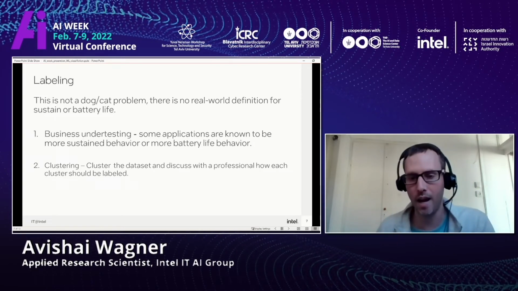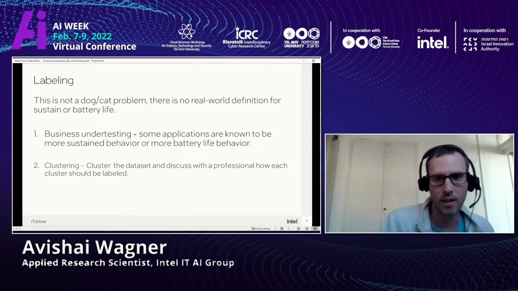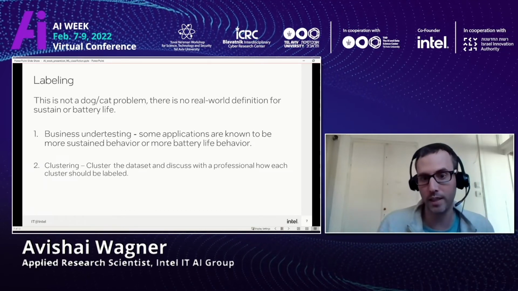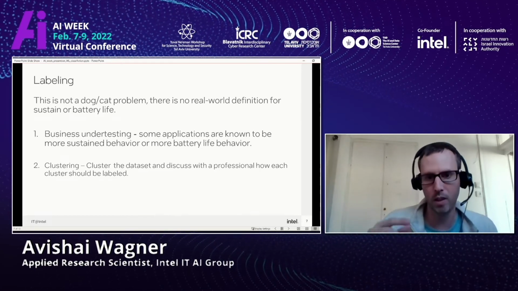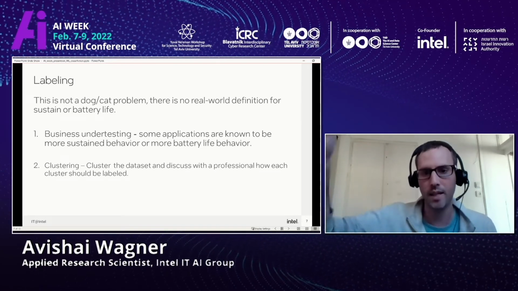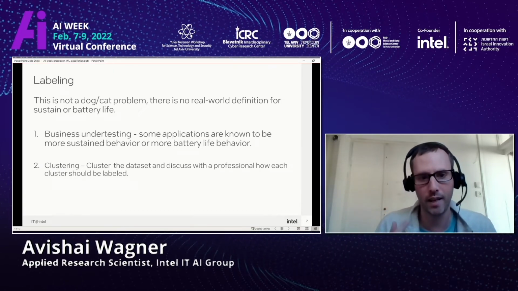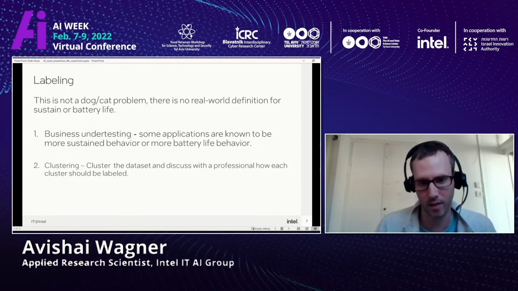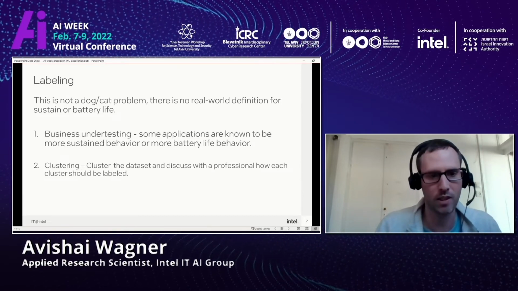And if the average power is low, it's more battery life. If the variance of the power is very high, it's probably bursty, okay, because power in bursty is really low and then jumps to really high. So we can give a label to the cluster afterwards.